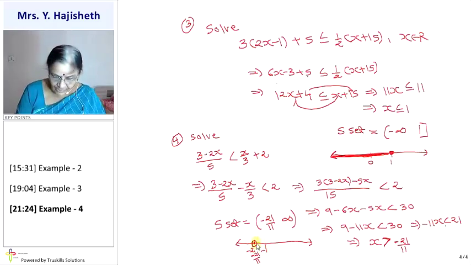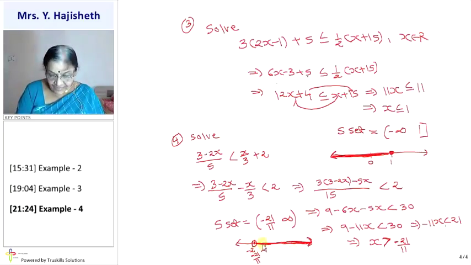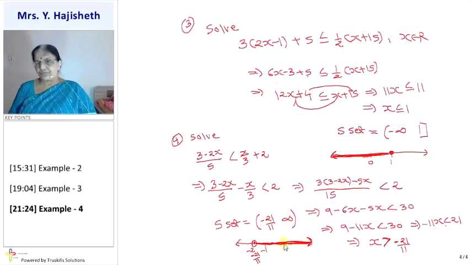And greater than matlab on the right hand side, so I have to make this portion dark. This is my solution set. I have represented it graphically. On the number line, this shaded part represents my solution.